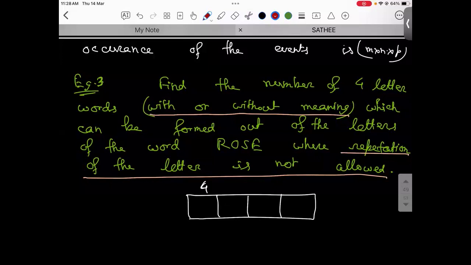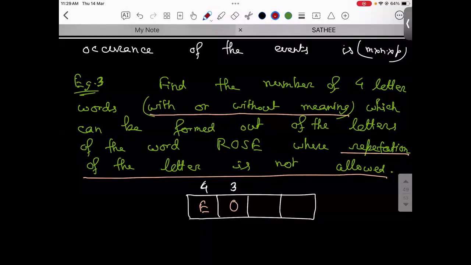So maybe I have chosen the first letter as E. Then I have only three choices for the second place: R, O, S, because I have already chosen E in the first place. Suppose I have chosen O here.